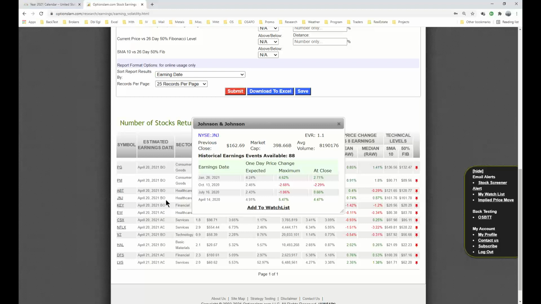I also took some screenshots yesterday of that stock in preparation for today's webinar. J&J, PG, and PM. I took some screenshots of those yesterday because they reported this morning before the market opened. So yesterday was the last chance to take screenshots of their options chains pre-ER.